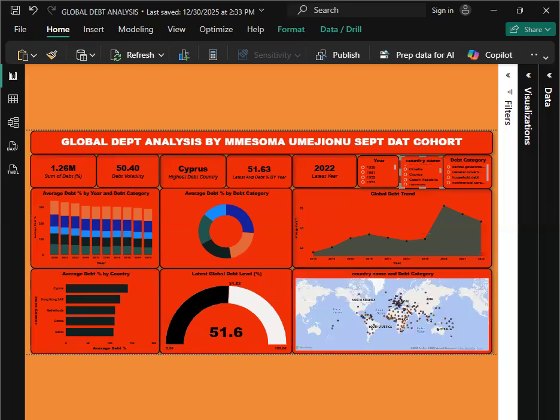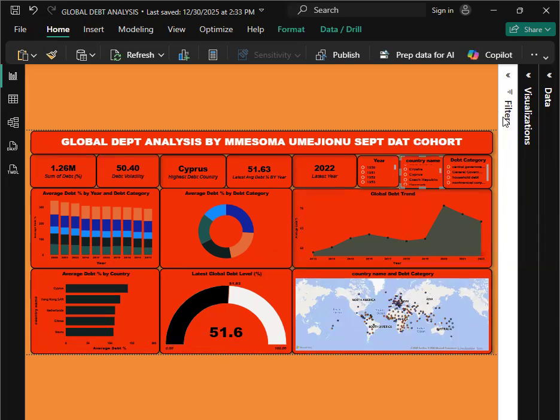Moving on to the gauge over here, the gauge shows the latest global debt level at approximately 51.6%. This means that on average, countries carry debts equivalent to about half of their economic output, indicating moderate but significant debt exposure globally. And then over to the map chart, it gives us a visualization of the debt distribution by country and by debt category.